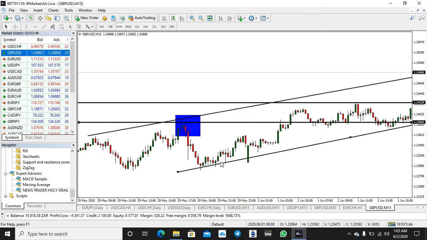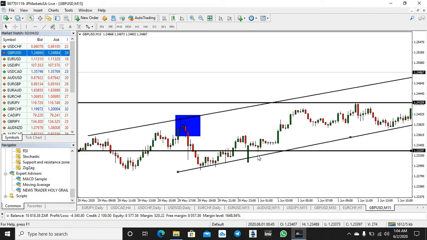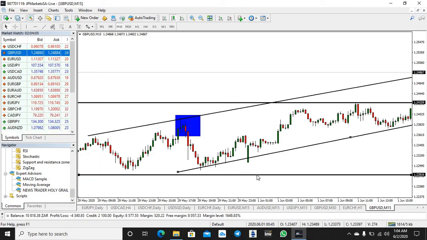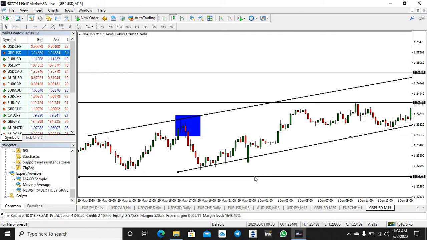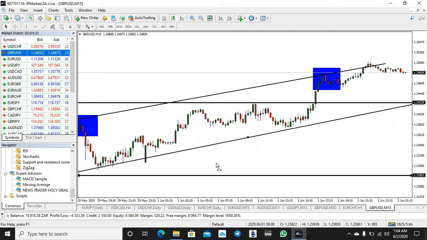And your stop loss, if you are buying here, your stop loss should be just below, some few points below. Make sure that your stop loss is close. You don't want to be losing more than you are making, so make sure your stop loss is close and your take profit is a little bit far, so that you can make the most out of the market.